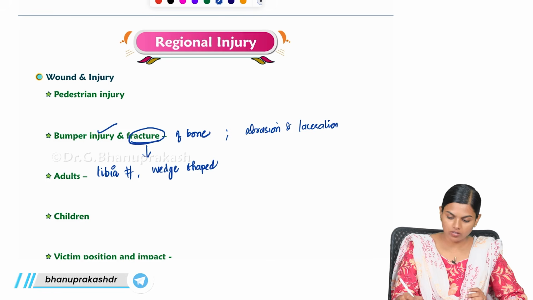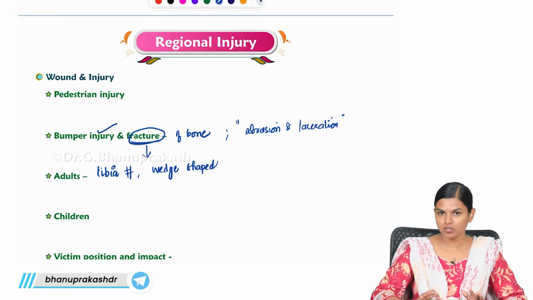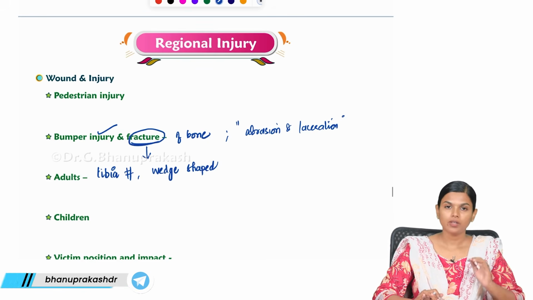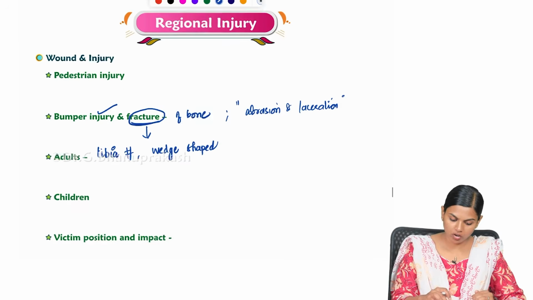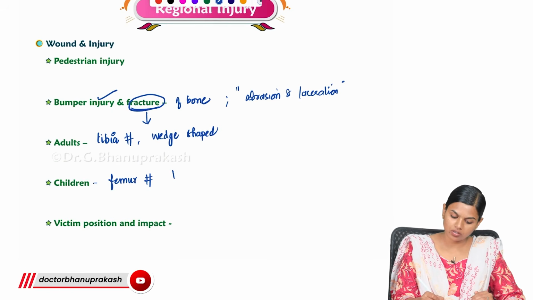So these also will be considered primary impact injury. Most commonly, you will be seeing the wedge-shaped tibial fracture. If it is a child, the height will be less, right? So because of that, you will be seeing femur fracture. You will see femur fracture because of less height.